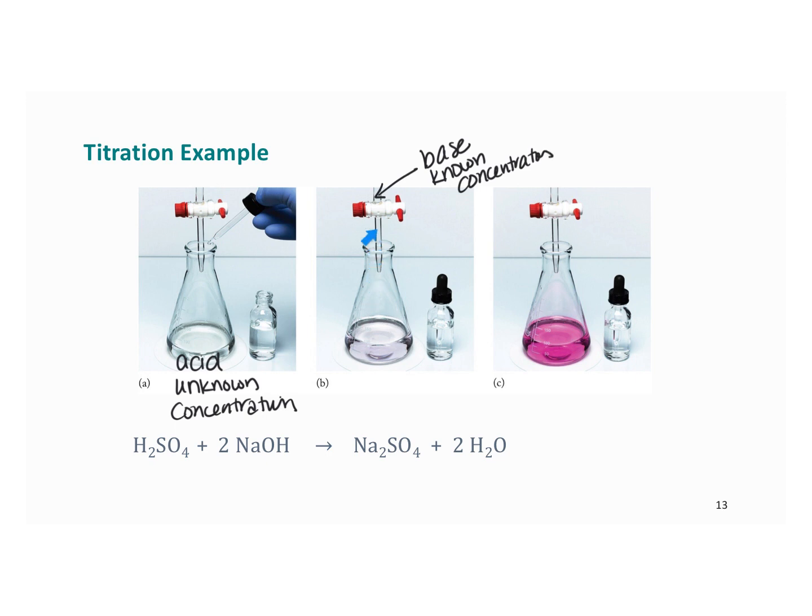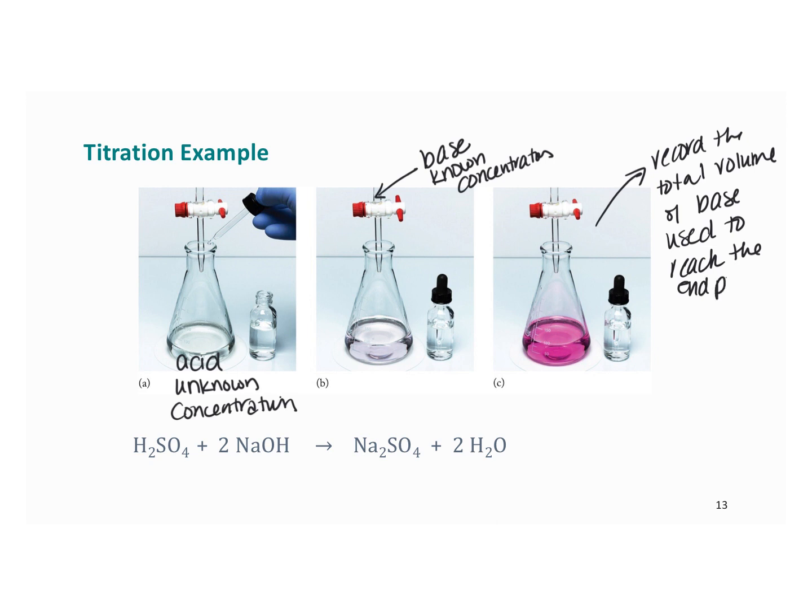You will add the base to the acid until it turns pink. And when it turns pink like this, you need to record the total volume of base used to reach the endpoint. All right, because that's the endpoint.